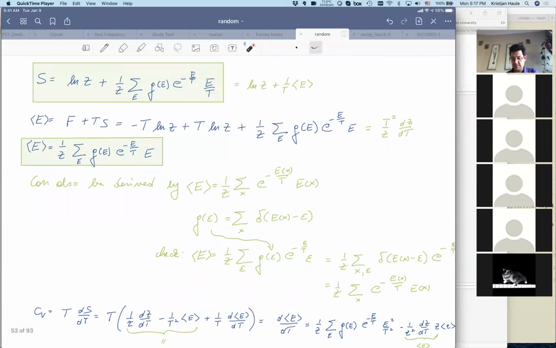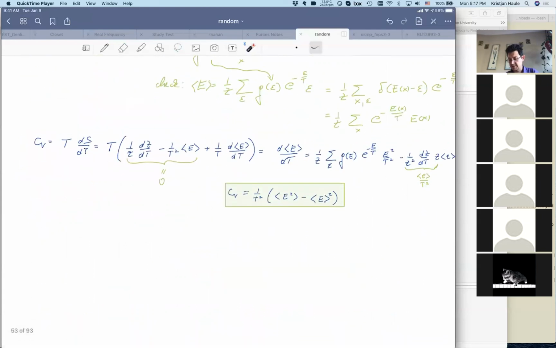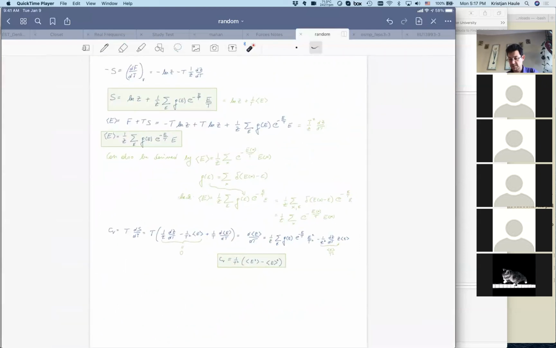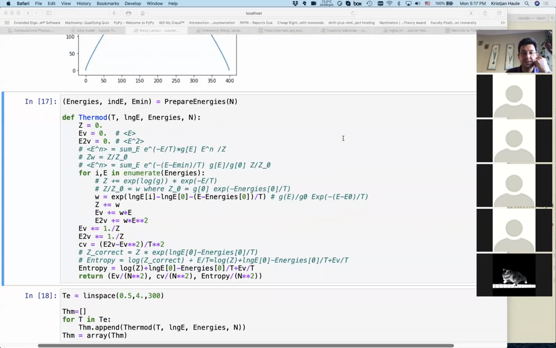We managed to obtain the expression for total energy, which of course we knew before, and also an expression for the specific heat. Okay, now knowing all those three relations, then we can properly code thermodynamics, and here's the code.